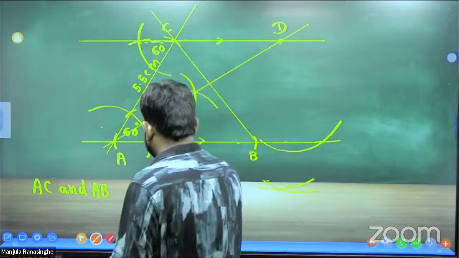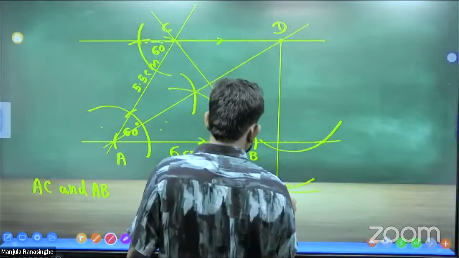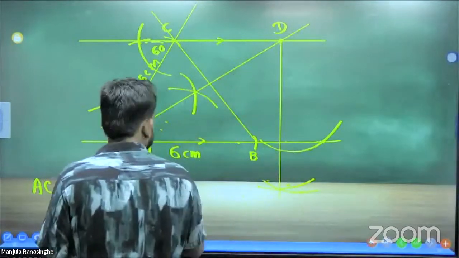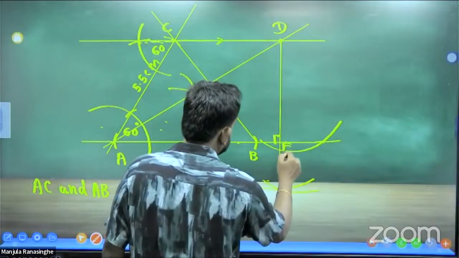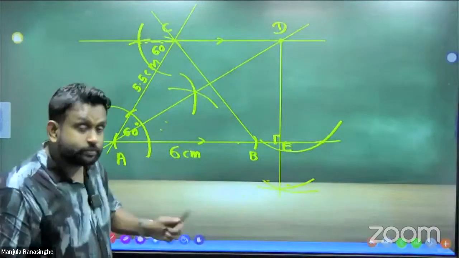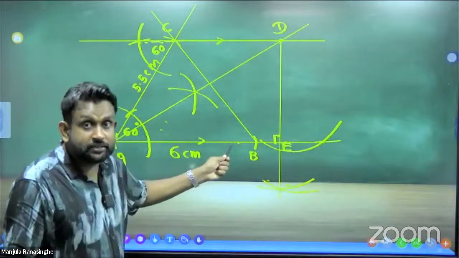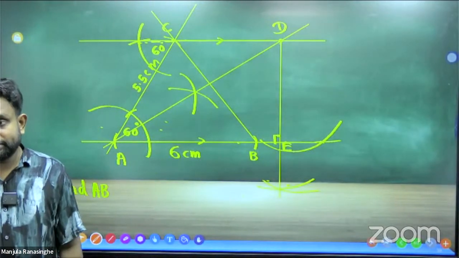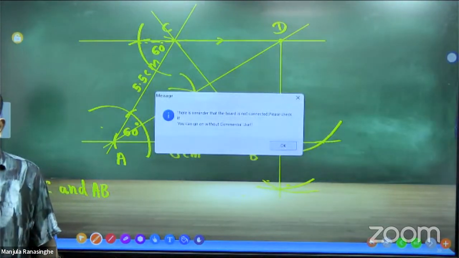Right, that is the perpendicular. So that foot is E. Remember that as per your drawing, it may be somewhere here, no problem. Each part is 2 marks, so that contains 10 marks there.